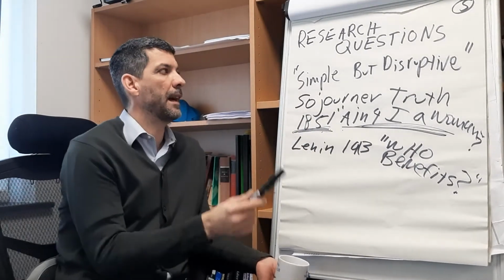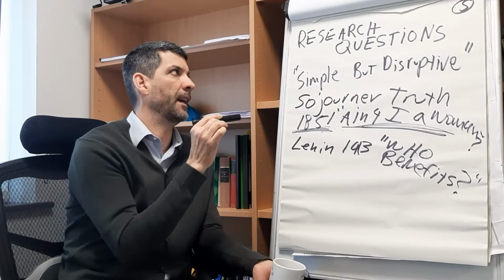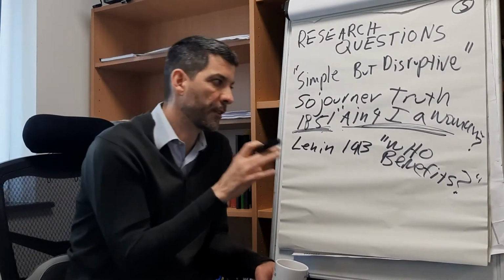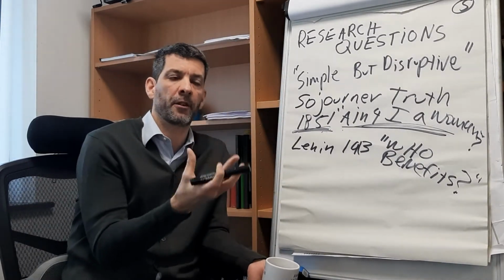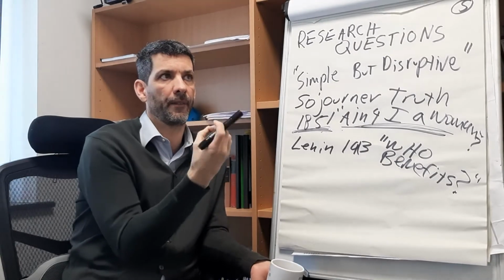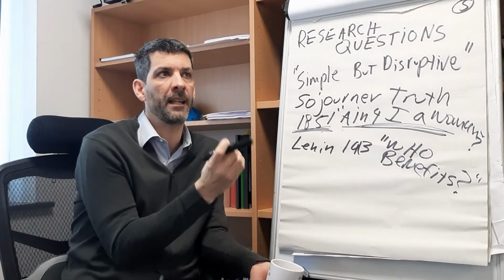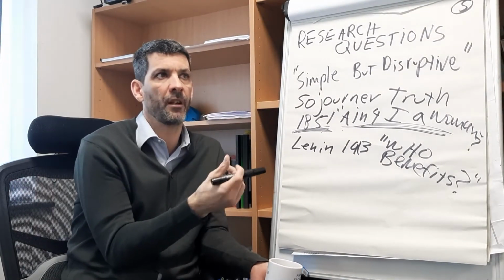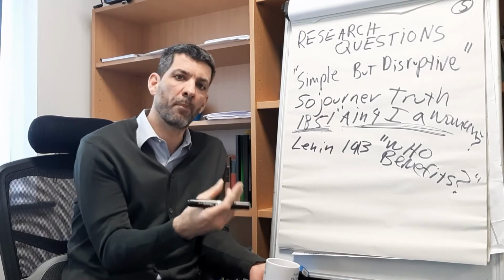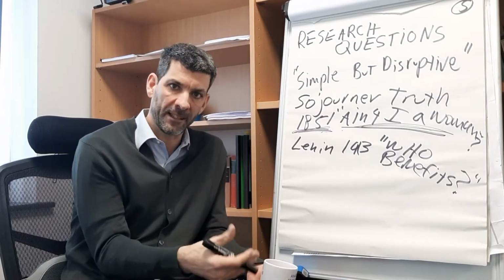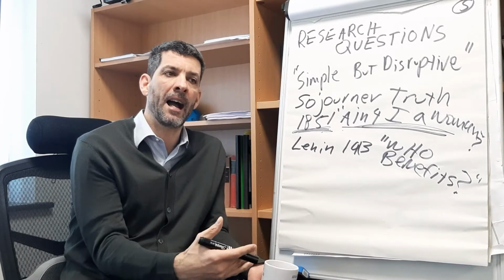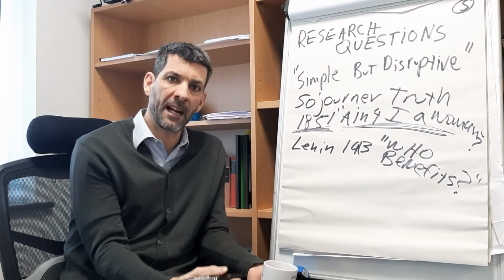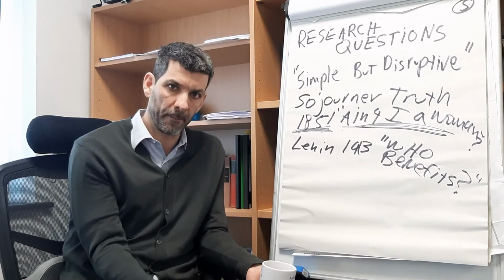Okay, so the trick with undergraduate research is that the ability to develop research questions presupposes on your part familiarity with the topic, and that familiarity with the topic is going to vary.